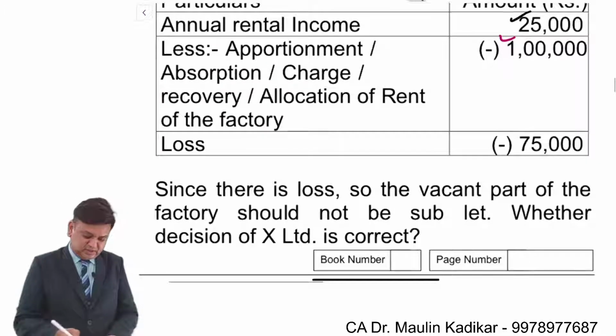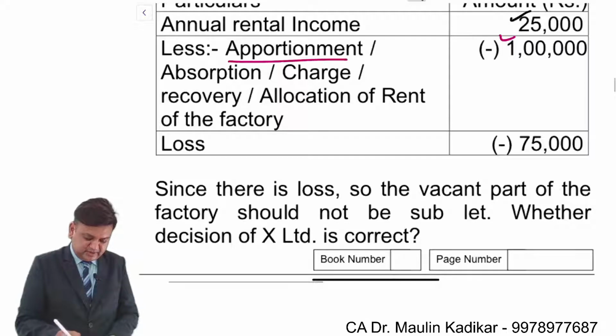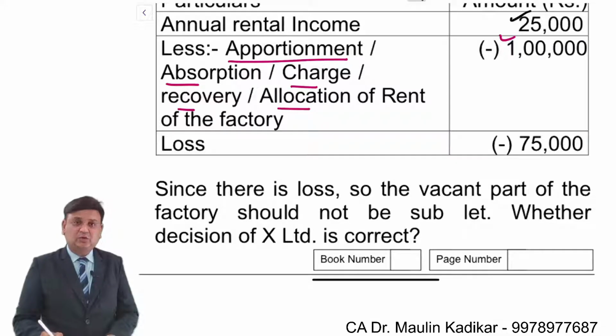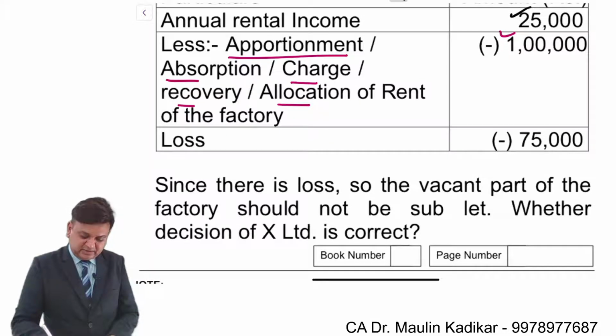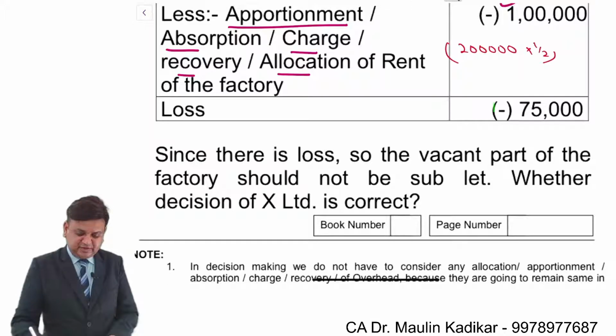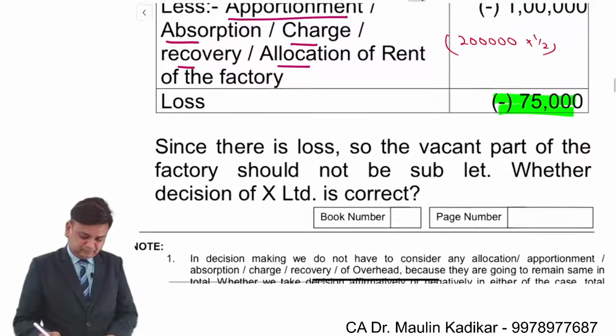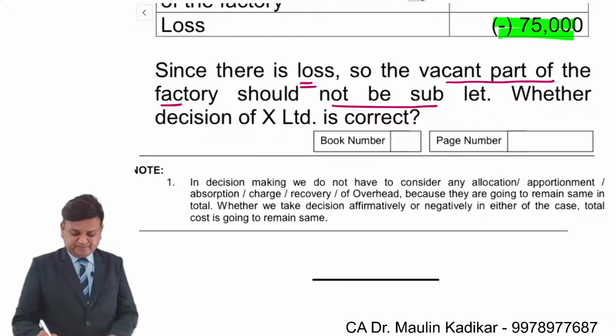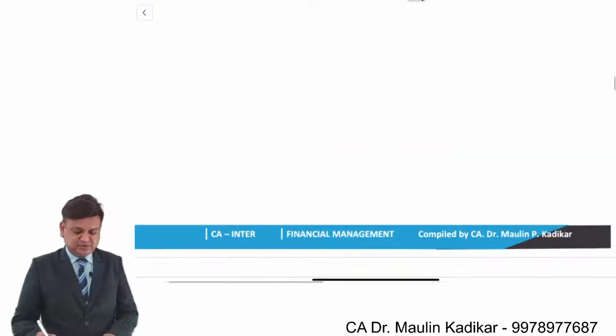How is this calculated? Less apportionment, or it is also called absorption, charge, recovery or allocation of the rent: 2 lakhs into 1 by 2. So there is a loss of 75,000. Since there is a loss, the vacant part of the factory should not be sublet. Whether the decision of X Limited is correct, that is the question.